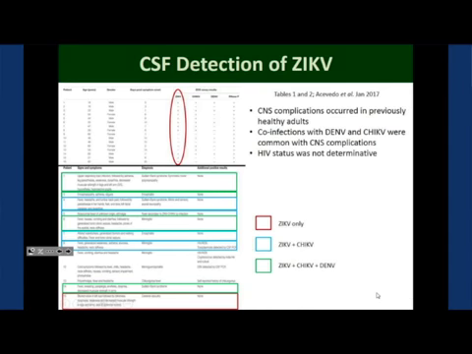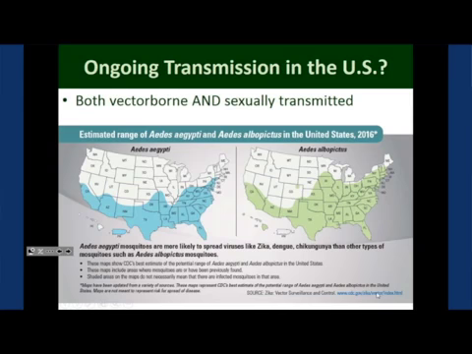When you look at the paper, he was patient 15. He was 18 years old, otherwise completely healthy. So there was nothing about this guy that would have predisposed him to any kind of neurological invasion, yet he had it. Many of these patients fell in the same category. So that's not reassuring.